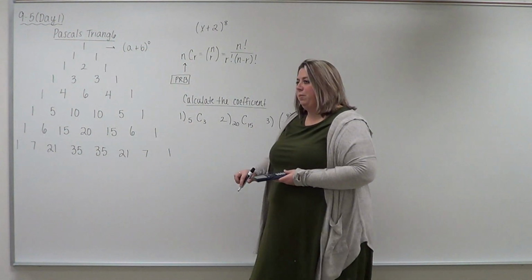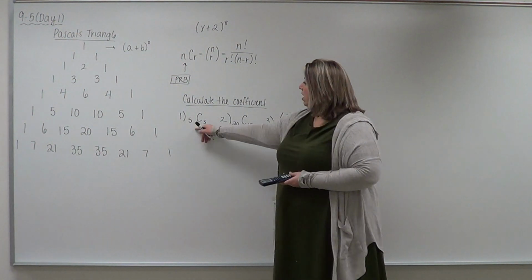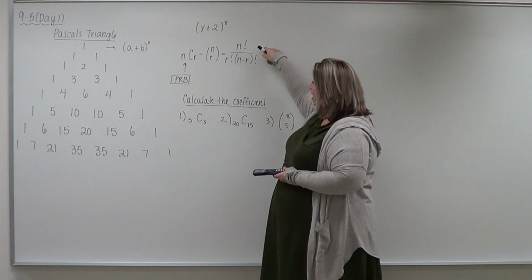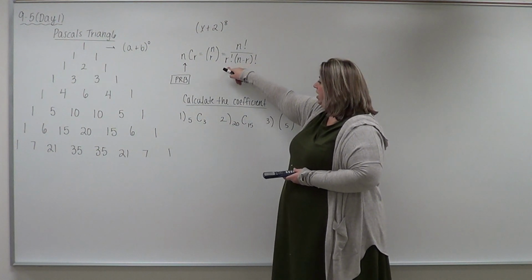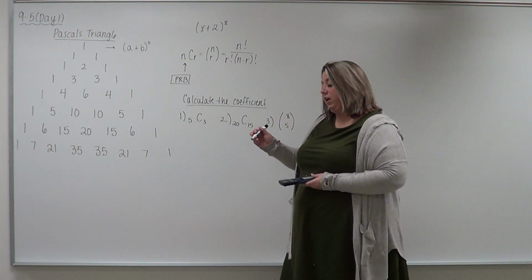If I were to do this on my calculator, now if you want to, you can do it the long way by using the formula. So if I were to plug this into the formula, this would be 5 factorial over 3 factorial times 2 factorial. I'm assuming most of you are going to just want to plug it in.